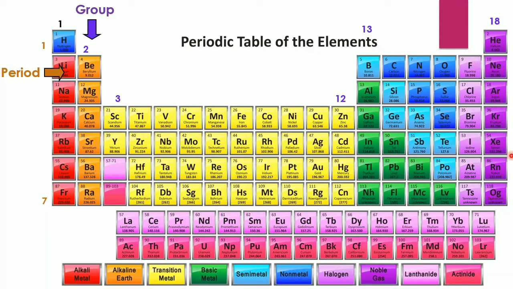Then group 18 is known as noble gases because the elements in group 18 have reached a stable octet configuration, so they are inert to other atoms. They are known as inert gases or noble gases because they do not react with other elements under normal conditions.